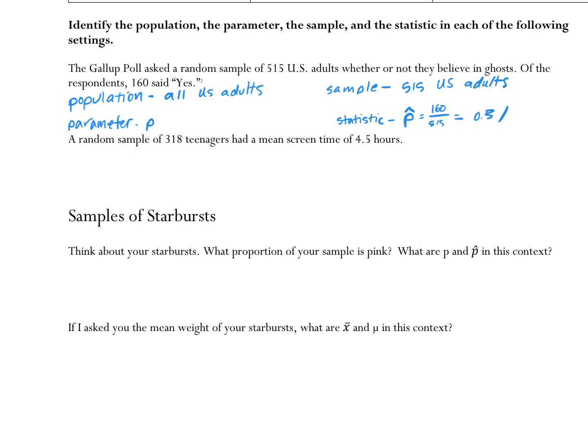I'm going to be very particular about how you describe what a parameter is. We're going to call it the true proportion of U.S. adults who believe in ghosts.